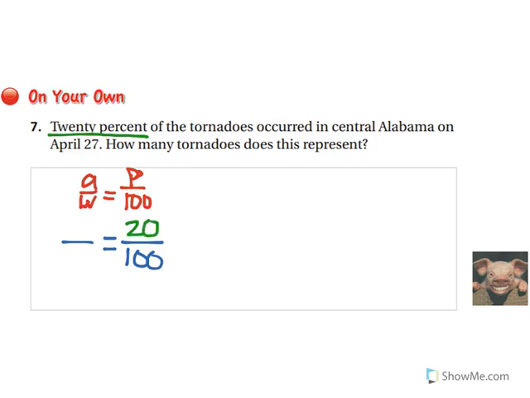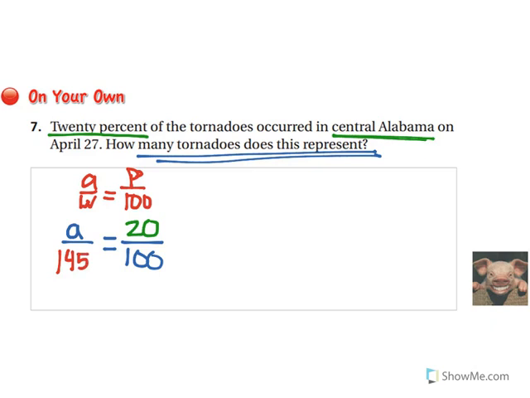Now, we don't know how many tornadoes that represents, as it's asking right over here. So that is going to be our unknown. So we'll just leave that as A. But what we do know is that there are 145 tornadoes that were in Alabama in that year. So we'll continue using the 145 from the problem.